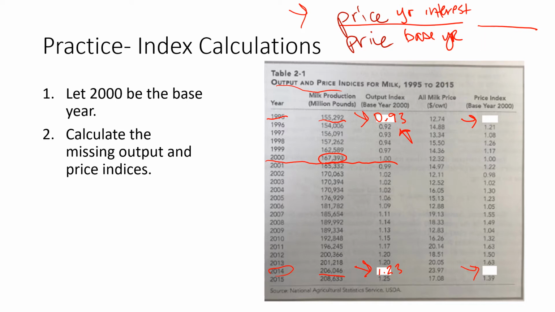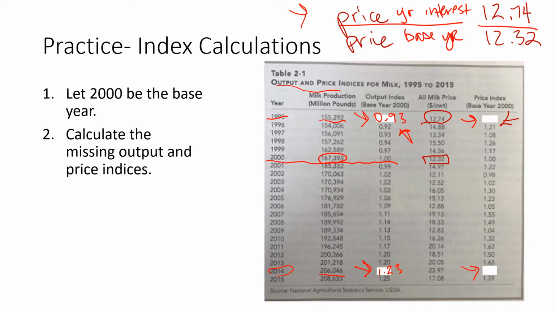The first one would be the price of the year that we're interested in. So the price of 1995 is $12.74. We're going to divide that by our base year, which is $12.32. Go ahead and divide that out, and whatever you get is going to go in that rectangle.